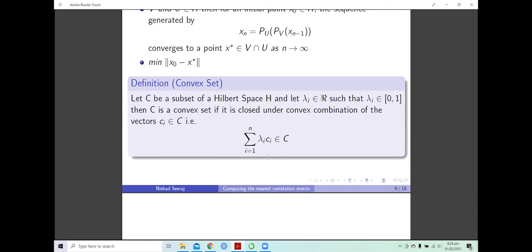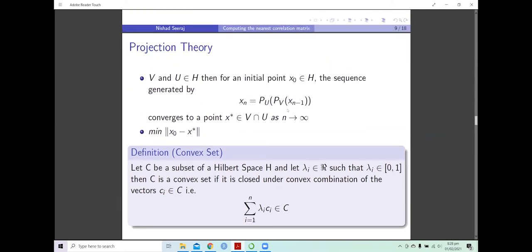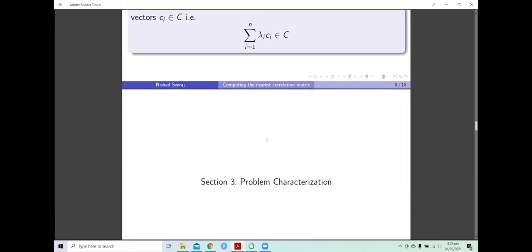So how do we do that? Well, like I said, we make use of the projection theorem by alternatively projecting onto each convex set. And eventually, as the number of projections goes to infinity, to the limit, obviously, you get a unique solution, which best approximates the original correlation matrix.